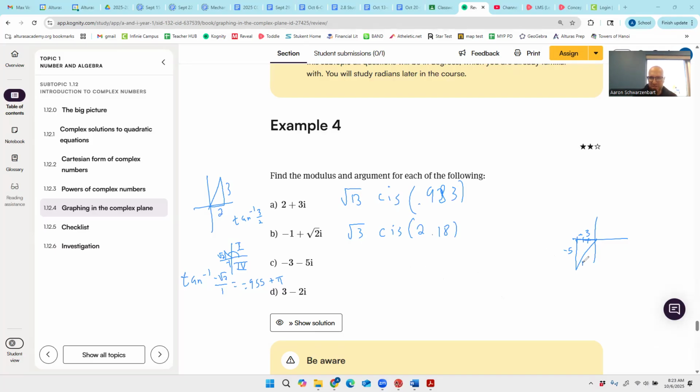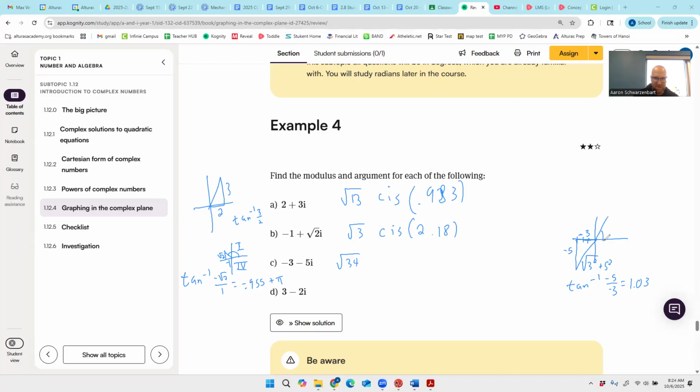So my hypotenuse here is square root of 3 squared plus 5 squared. That's square root of 34. My angle. So this spits out 1.03.